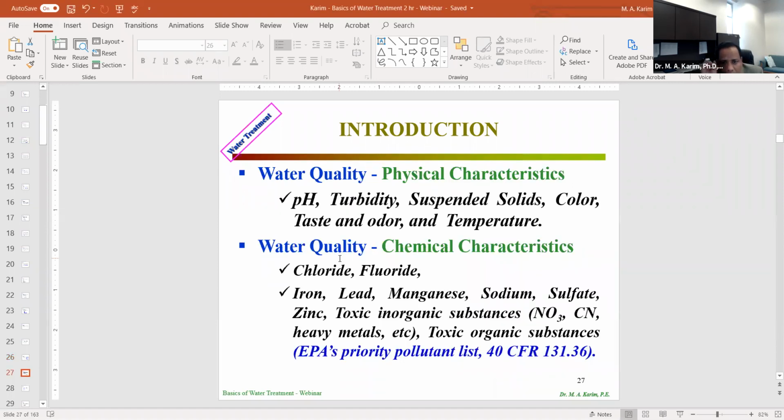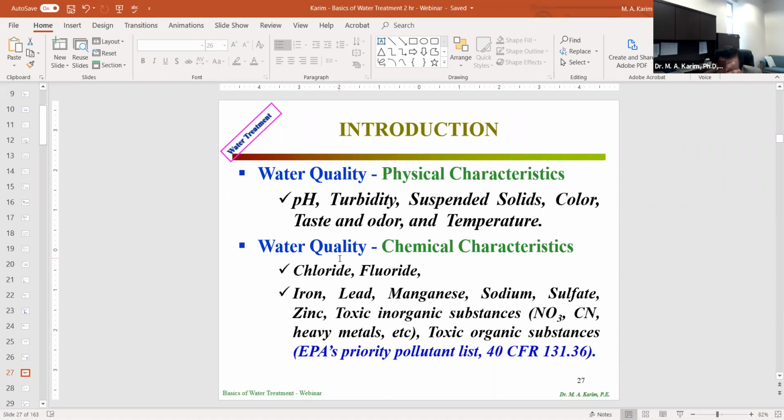Okay, so water quality, physical characteristics: basically pH, turbidity, suspended solids, color, taste and odor, and temperature. These are physical characteristics. How is pH a physical characteristic? In certain cases, if we dip our finger and the pH is less than 2, it will start burning our finger, right?